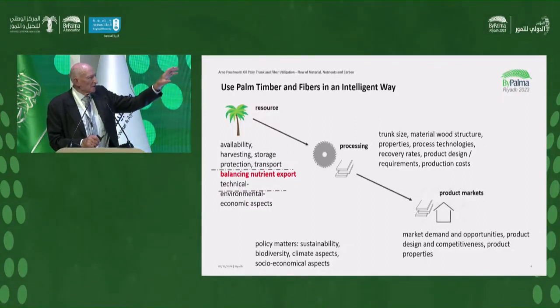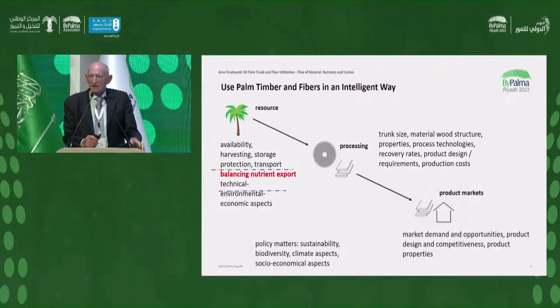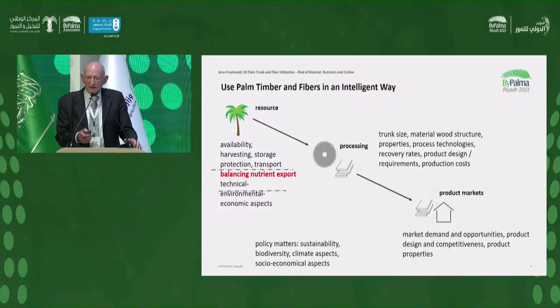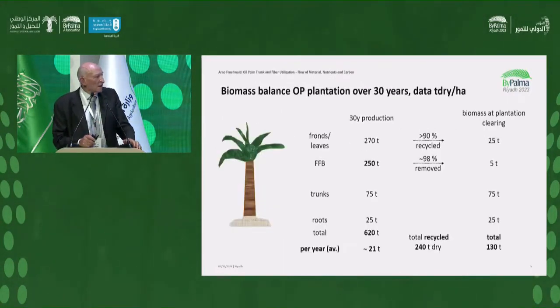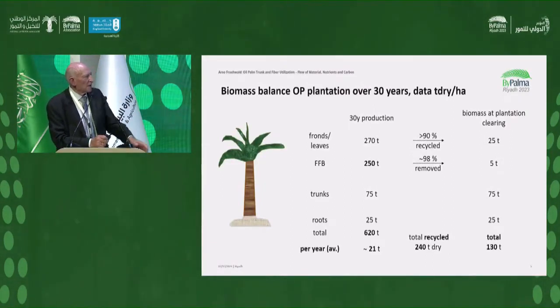So when we look at the resource, the products, the processing, and so on, one of the aspects is the nutrient balance, or the nutrient export we are doing by taking biomass out of the plantation. If we look at the biomass balance, on the left column we have all the 30-year production figures. 270 tons per hectare are produced in fronds and leaves, 250 in fresh fruit bunches, 75 tons in the form of trunks and so on.